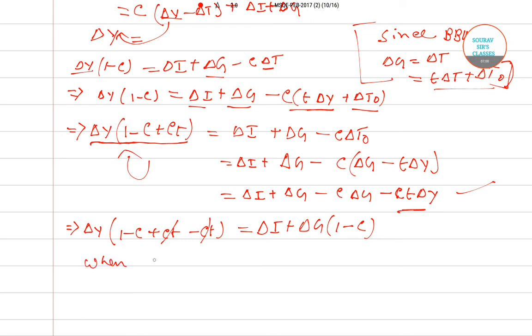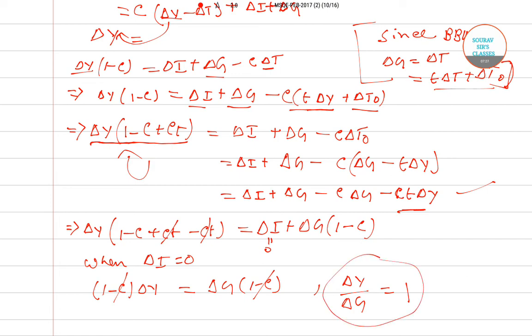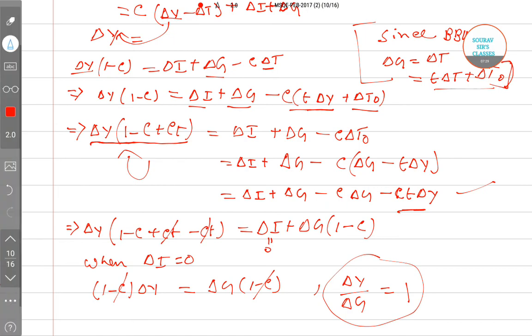Now when change in I equals 0, we get 1 minus c change in y equals change in g 1 minus c. Now if this gets cancelled out, you will get change in y by change in g equal to 1. So we have found the change in y by change in g to be equal to 1.